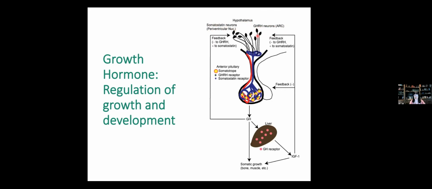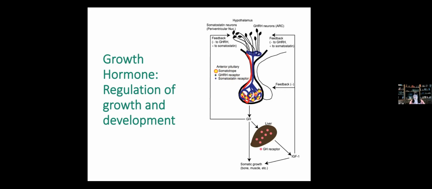And both groups send axons down to the stalk median eminence here, and they secrete into the portal system, which carries the hormones down to bind to anterior pituitary somatotropes. These are cells that produce growth hormone. And these cells have receptors for GHRH and somatostatin.